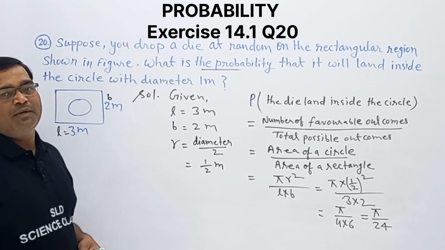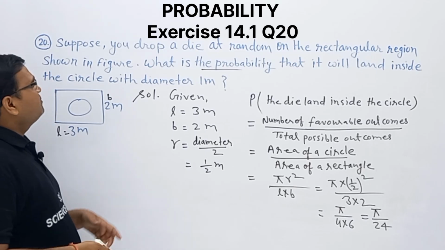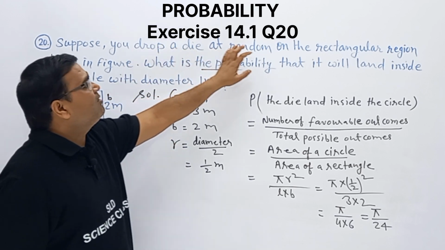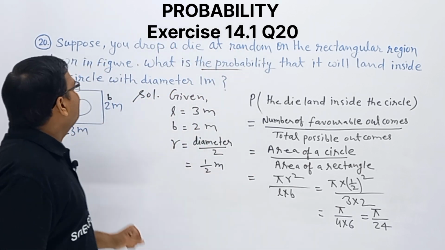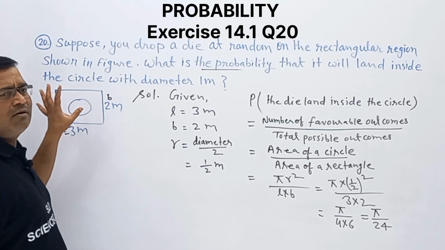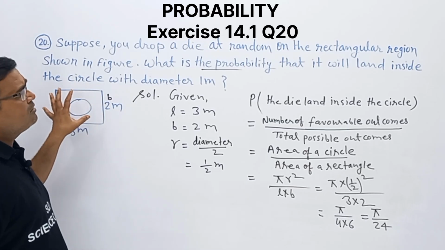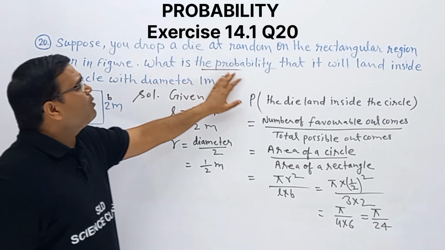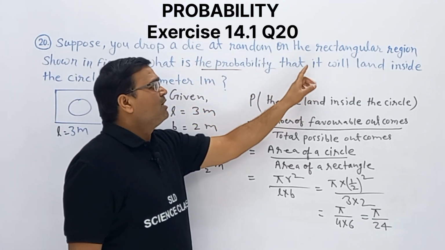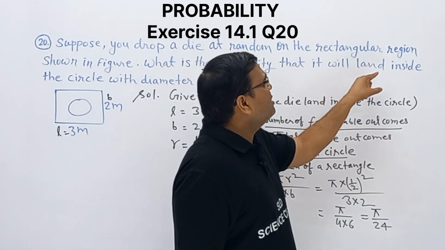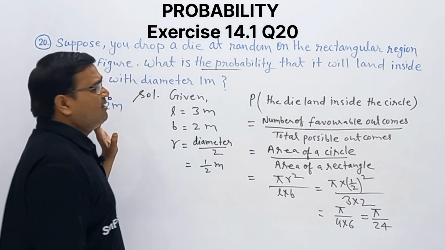Observe again what we are doing in this question. We are dropping a die at random on the rectangular region shown in the figure, and we want the probability that the die will land inside the circle.